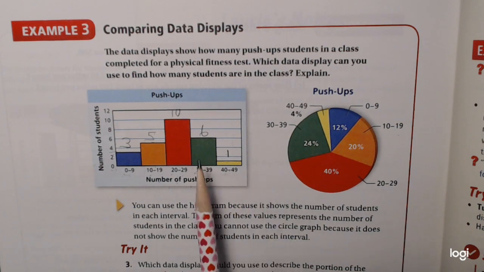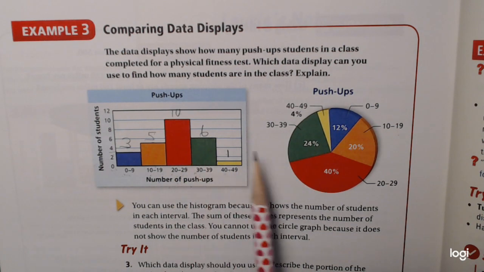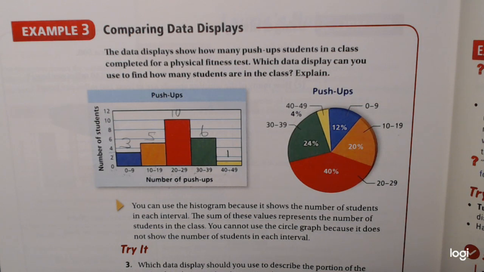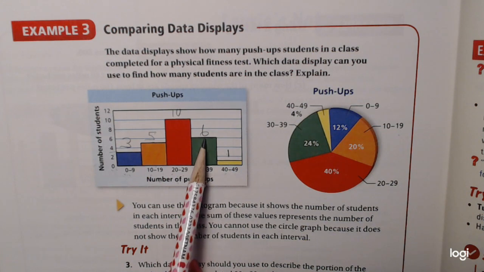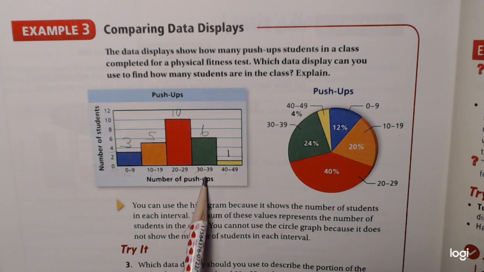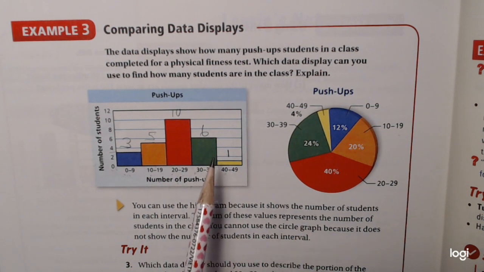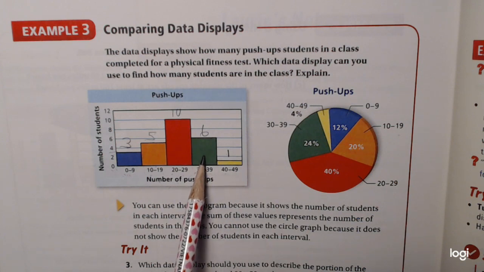for each thing. If I look at both of my data displays, which one of these data displays do you think we should use to describe the portion of the entire class that completed 30 to 39 push-ups? Well, here I can tell you that 6 students completed 30 to 39, but I want to know what portion of the class, what percentage of the class finished that many push-ups.